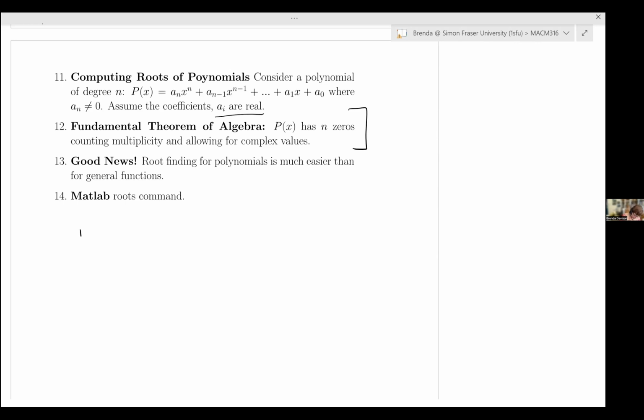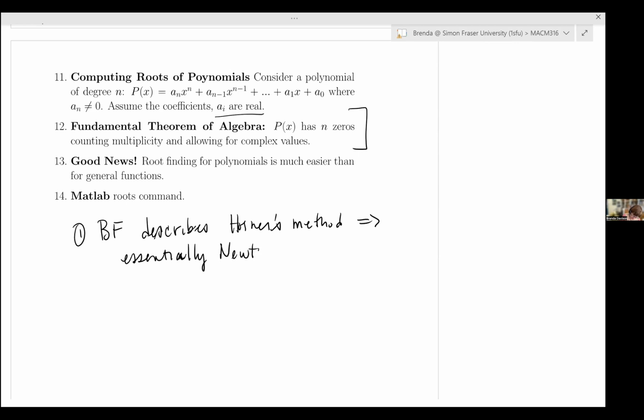So let's just talk about a couple of things. Our textbook, Burden-Faires, let me just call that BF, describes, I'm not going to test this, but I want you to be aware of it, Horner's method. And that is essentially Newton's method with efficient polynomial evaluation.